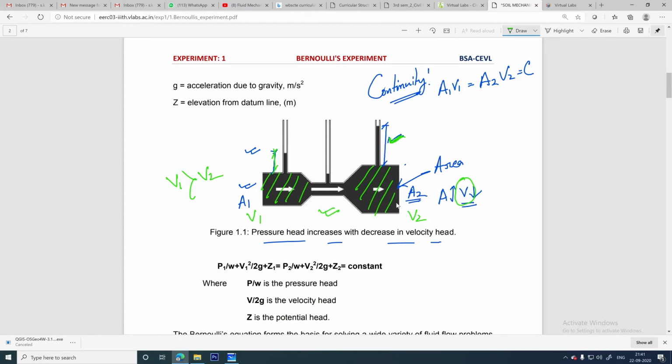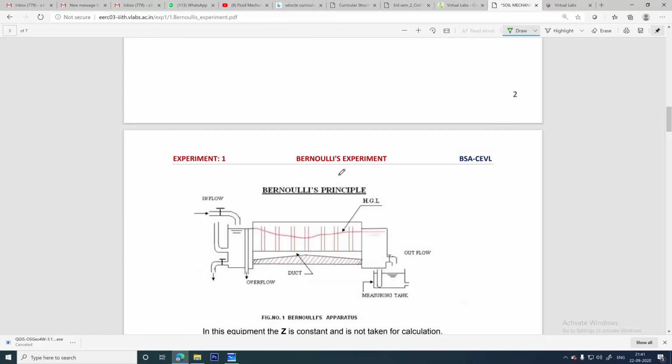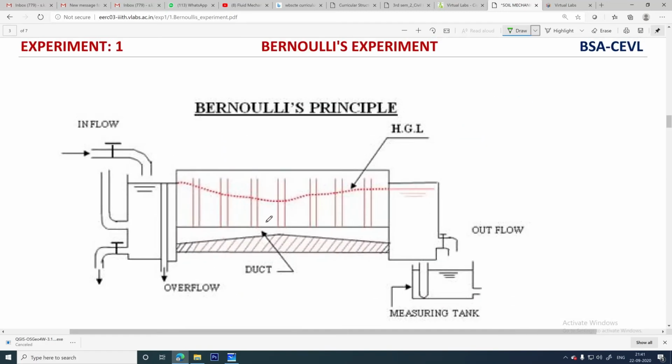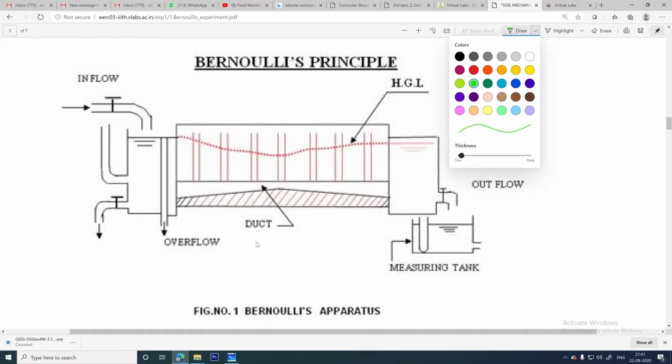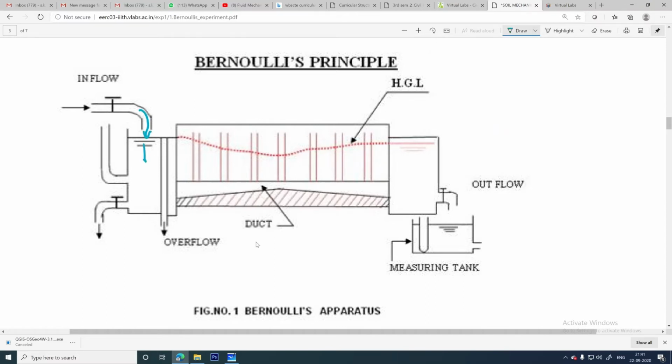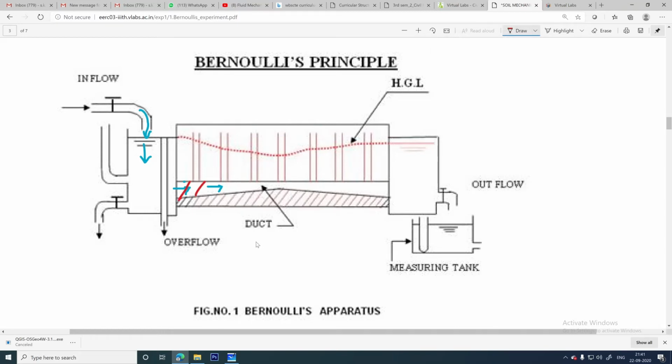Now in case of the Bernoulli's theorem, we have this kind of thing. Look here in the diagram, we are putting the water from here, the water is going inside and flowing through this pipe, and you can see the cross sectional area of this pipe is different at each place.